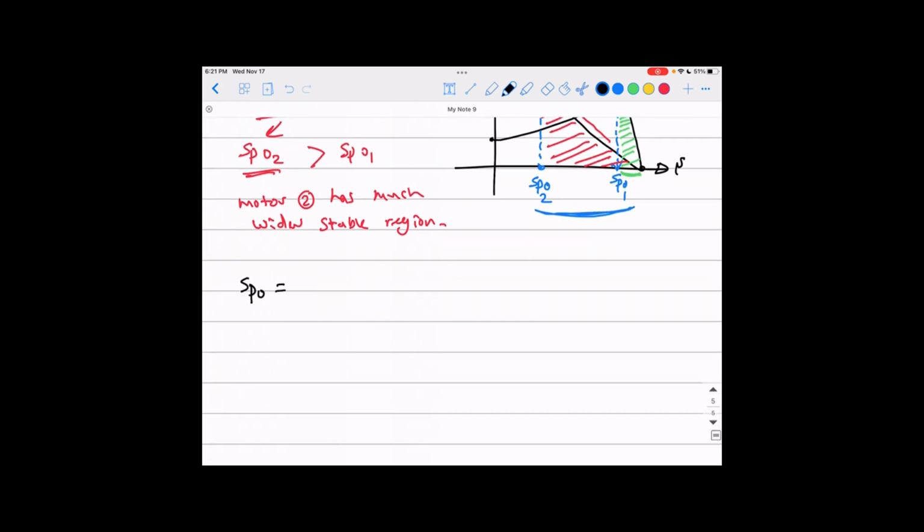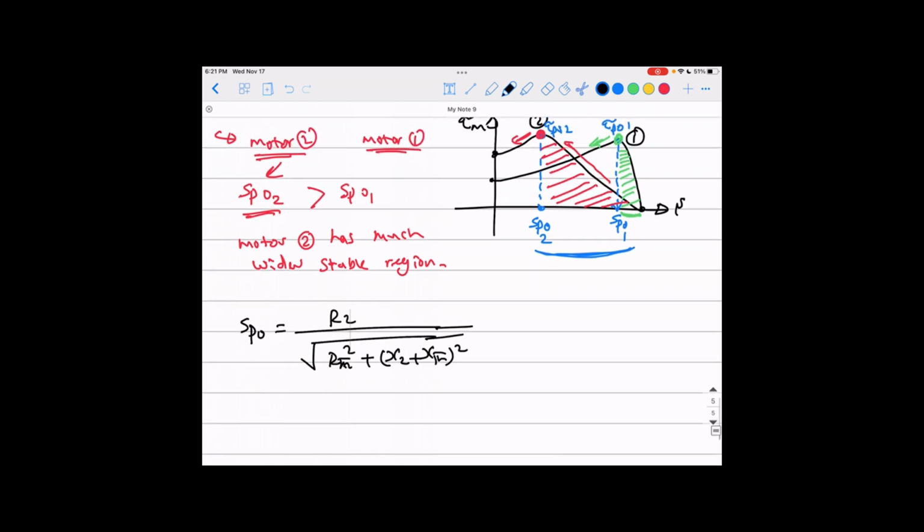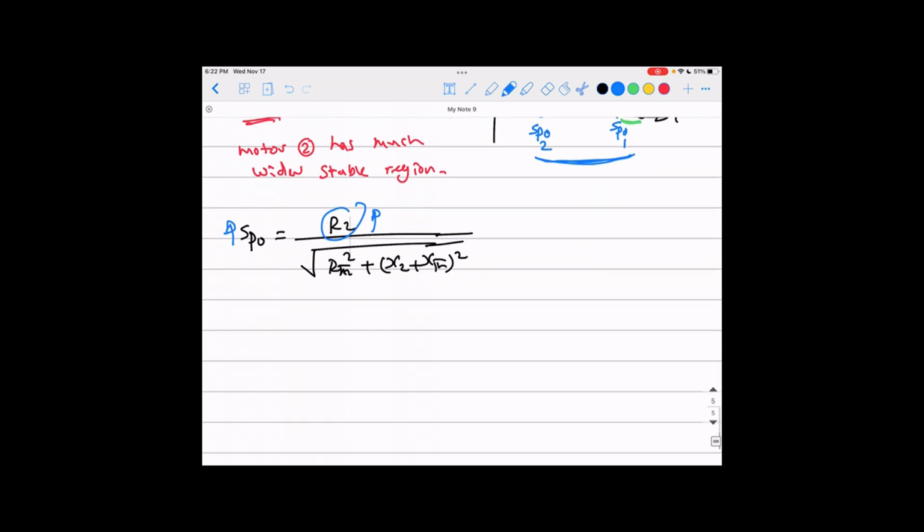Okay, so that is the slip of the pull-out torque, which equals R2 divided by the square root of R Thevenin squared plus (x2 plus x Thevenin) squared. So by looking here, if you want to increase the slip of the pull-out torque SPO, directly you can do this by increasing the rotor resistance R2.